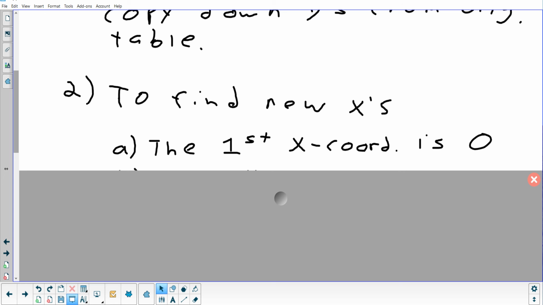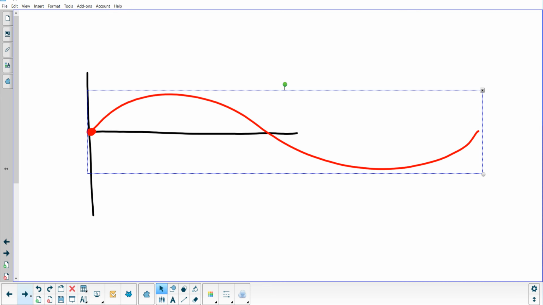Now, the next one we're going to look at is the fifth x coordinate. How can I figure out where this one is? How do we figure out the length to travel one full cycle? What do we use?